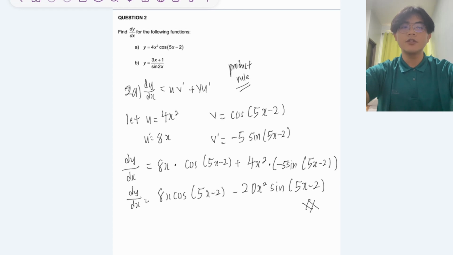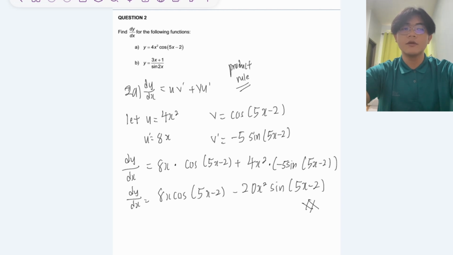For v, we also need to find the v prime of it. So cos(5x minus 2) will become minus sin(5x minus 2) times 5. Then for the next step, we will let it be dy/dx, so u prime v plus u v prime. This is the formula for product rule. So we're going to substitute the answers that we have found for u prime and v prime earlier.